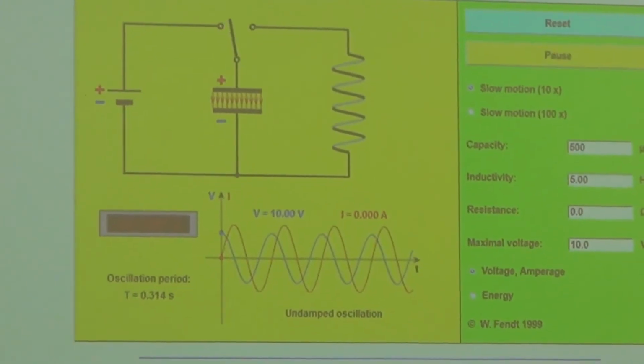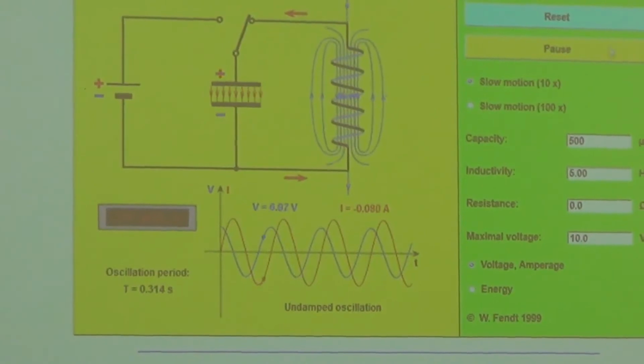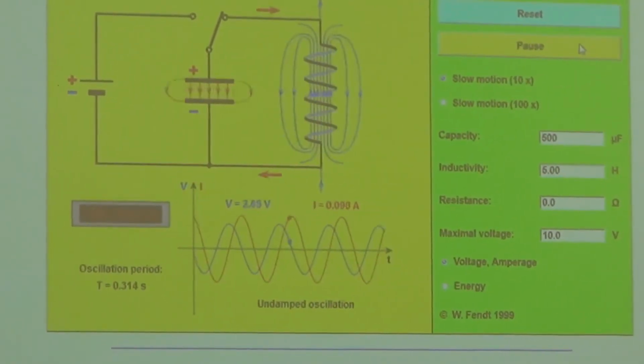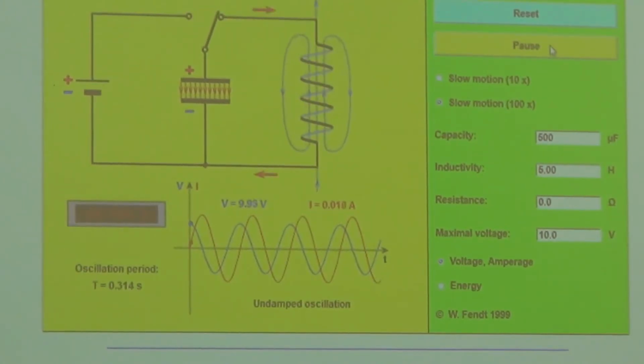So if I start this, the E field is moving. Wow, it's doing it pretty fast. How about if I reset to slow motion? So this is probably going to be really painful, but we just want to see one cycle. So if I started here, the E field has to transfer all to magnetic field.